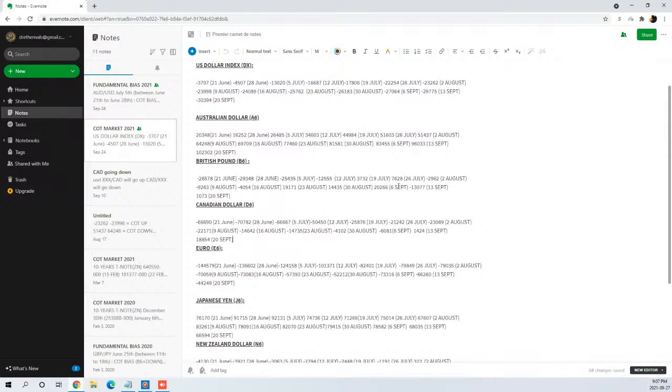For the British pound, the contract for the week of the 13th was at minus 13,077, and then it went up for the 20th to 1,073. That's almost a 13,000 commercial difference from one week to another, which is a big jump. Other weeks only had about 6,000, and another had about 4,000.